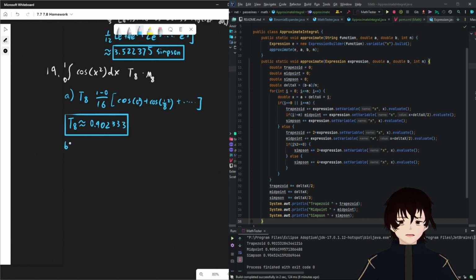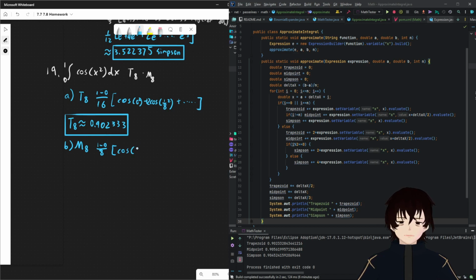Now let's do B. M of 8. M of 8 is equal to 1 minus 0 over 8. Wait, that's 2. Trapezoid rule, everything starting from the second one is 2 plus dot so on. This one we just need to do regular.